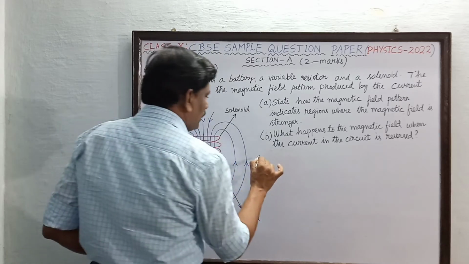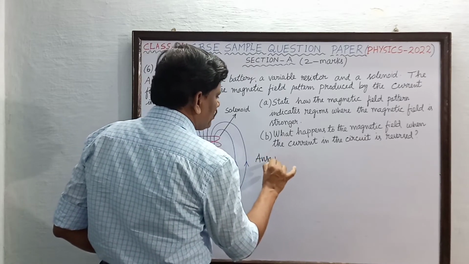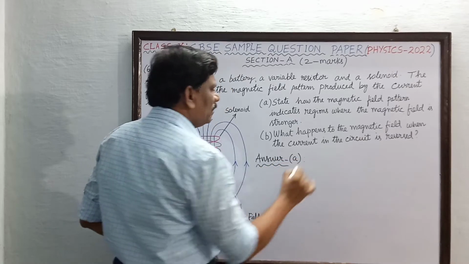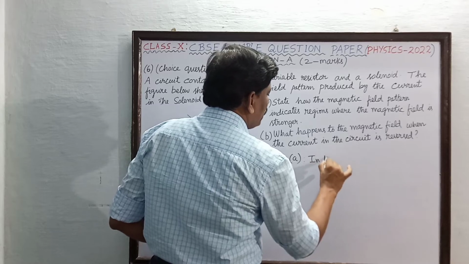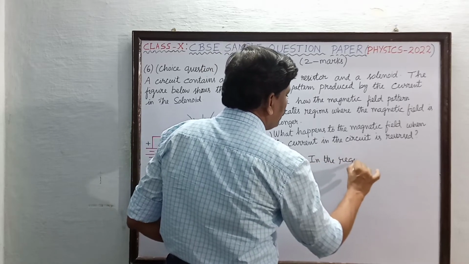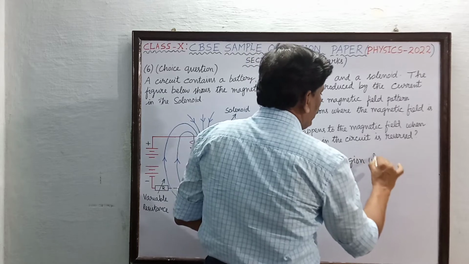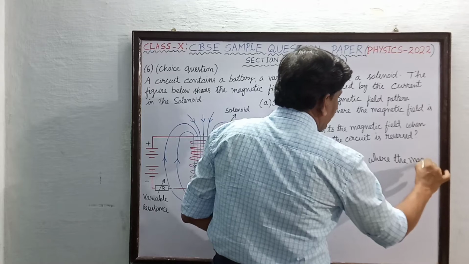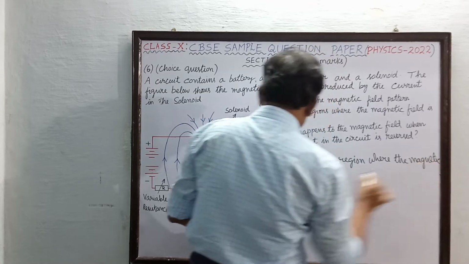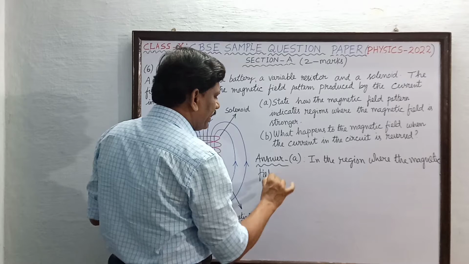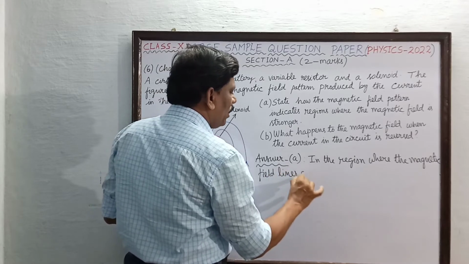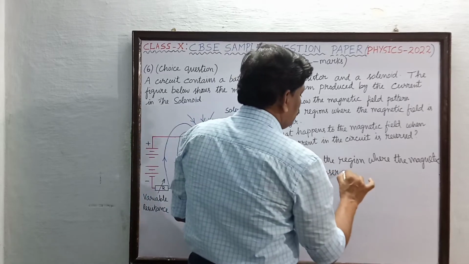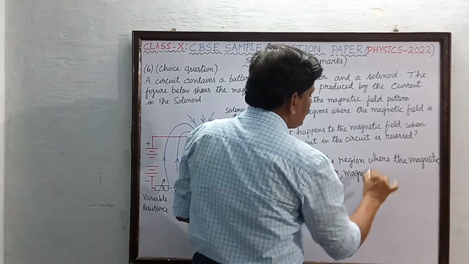So first, the answer to part A, let us write now. Answer to this A. In the region where the magnetic field lines are closer, the magnetic field is stronger.